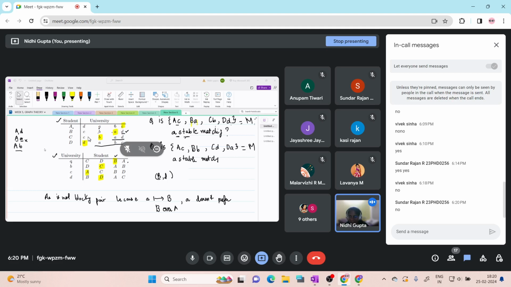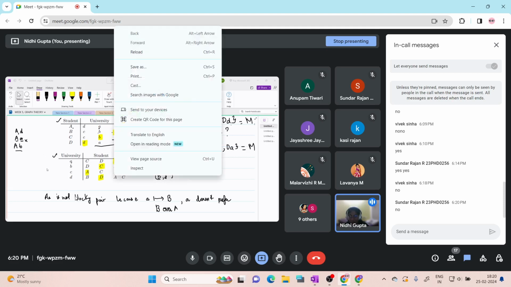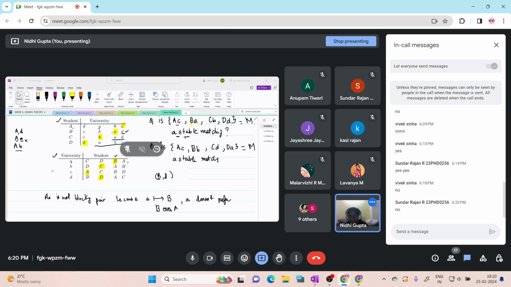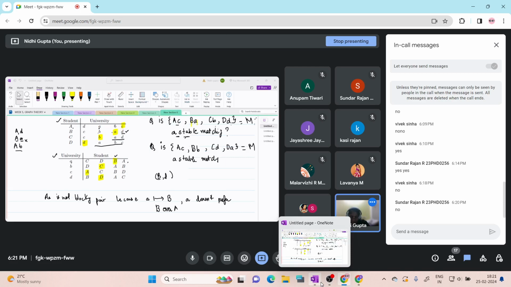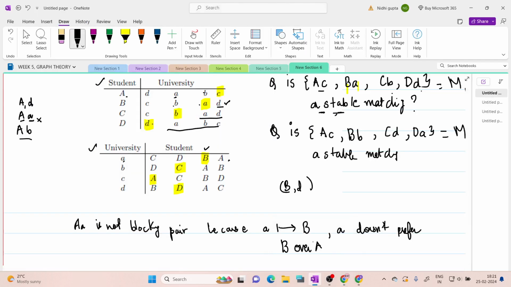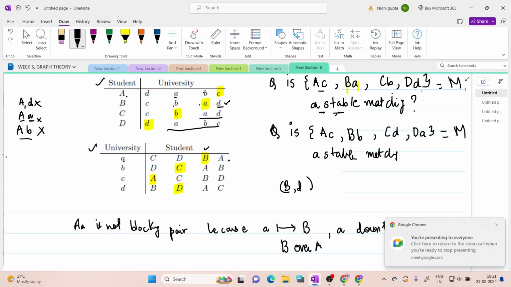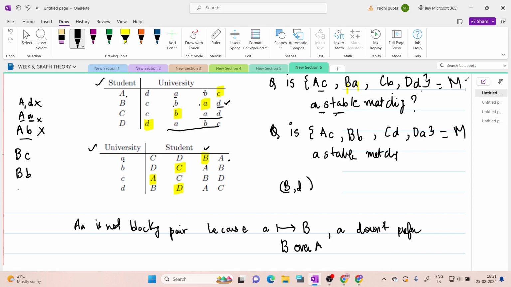What about BC? BC is also not a blocking pair because little c is getting capital A. Then we have to check for BC, BB and CC.